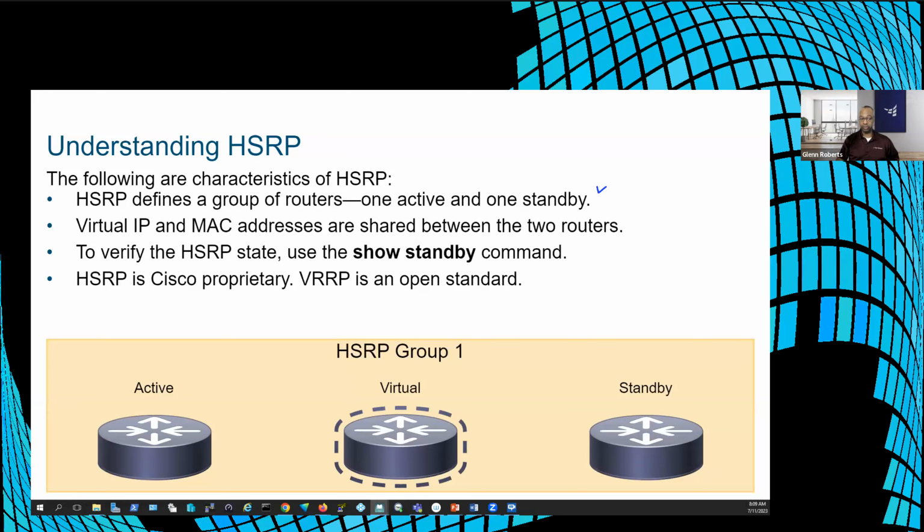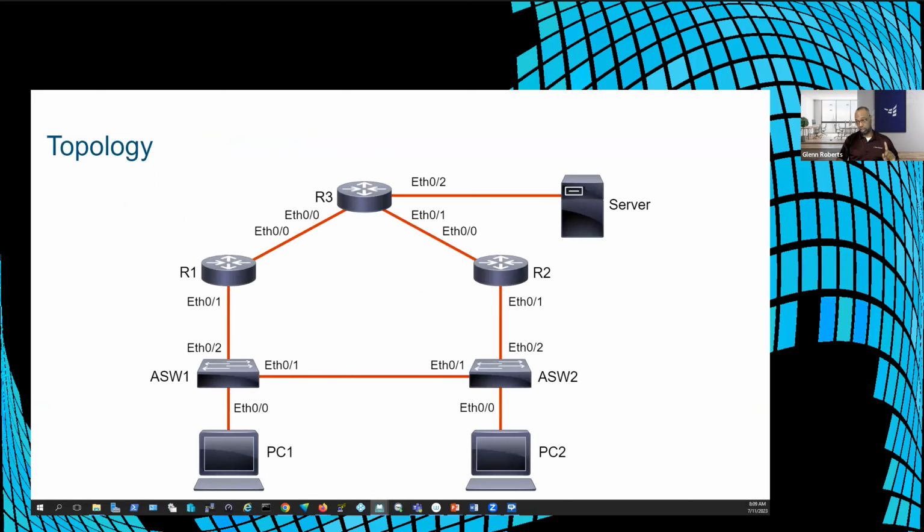Because let me backtrack. Look at this scenario. Best case scenario, router 1 never fails. That means router 2 is not going to do anything. Router 1 will do all of the work until it fails. Then router 2 comes on board. Now, router 2 is in the HSRP group, but it's not doing anything. So here's the $64,000 question.